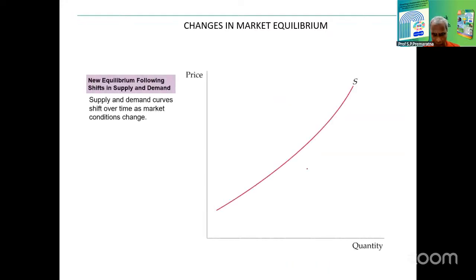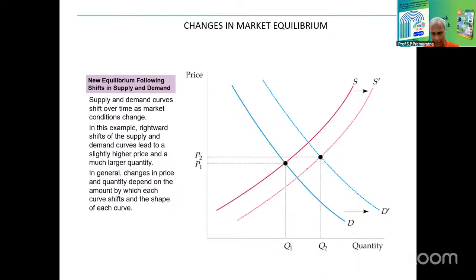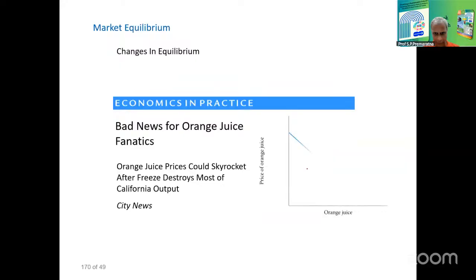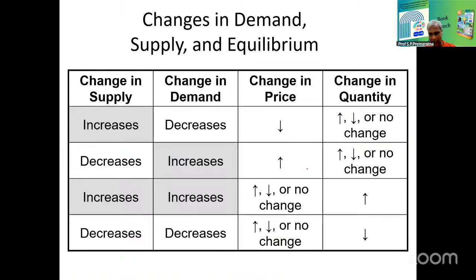Now look at this picture: shocks happen to both the supply and the demand side. Different ways this shock can happen, and ultimately the market equilibrium changes. So in the exam you get some cases like here, and you have to look at them, analyze, and draw pictures.